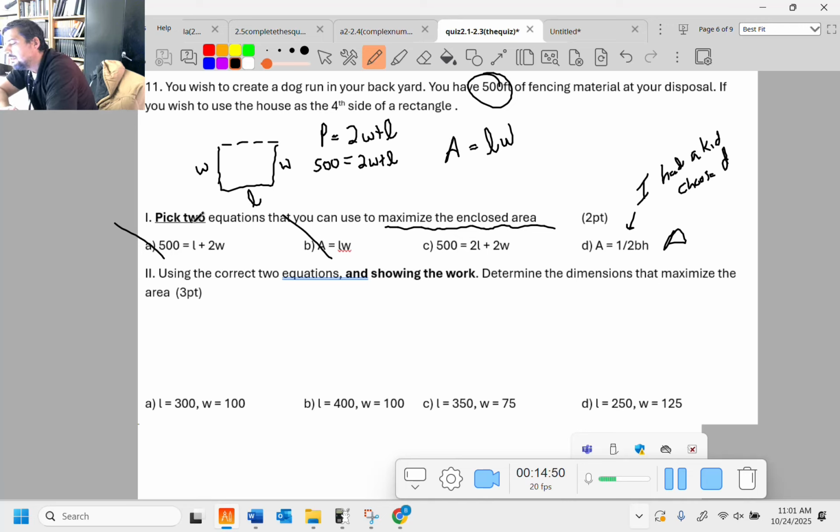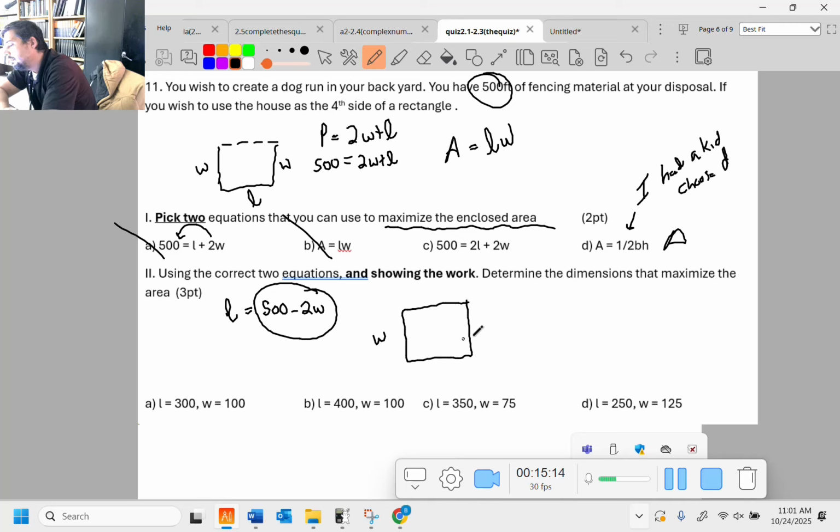So I'm going to take this equation right here, and I'm going to solve it for L. So I'm going to say that the length is 500 minus 2w. And then just like I've shown, I'm going to take that 500 minus 2w, and you know what? Let's do this a little bit different. Let's go back to your rectangle.